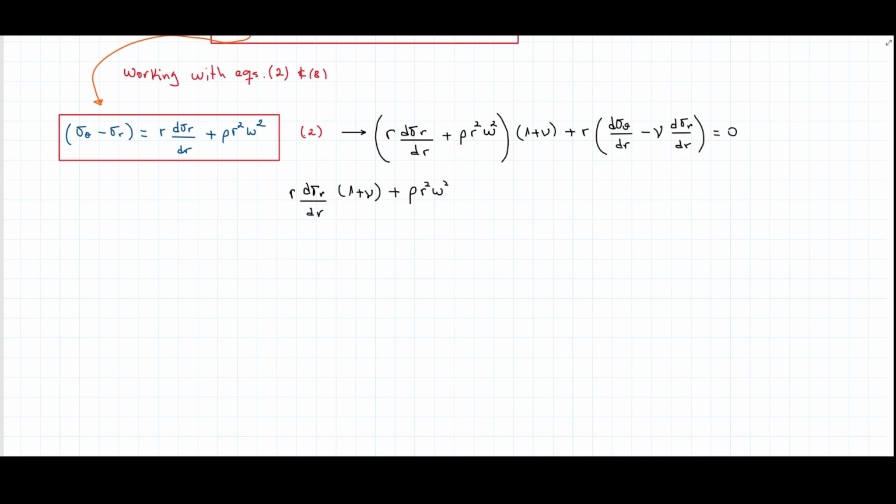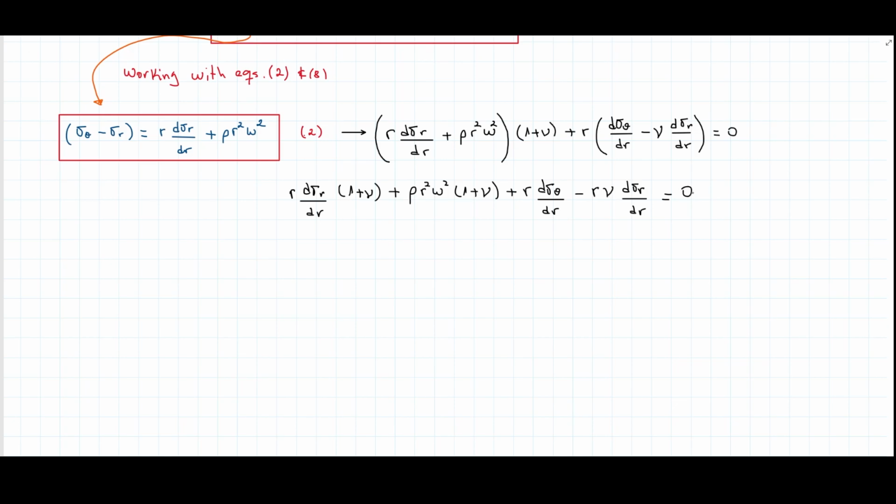Nothing special is happening here, just a bunch of rearrangements, plus this one here, the r minus r Poisson ratio, and then this term here. And this equals 0.